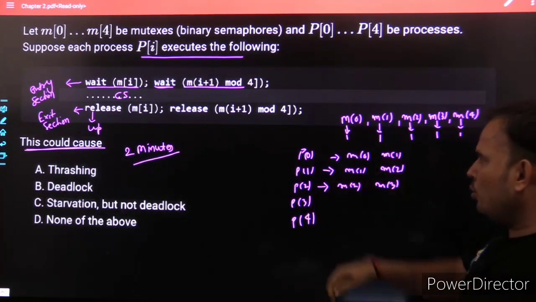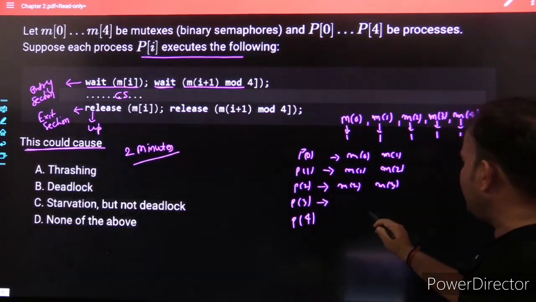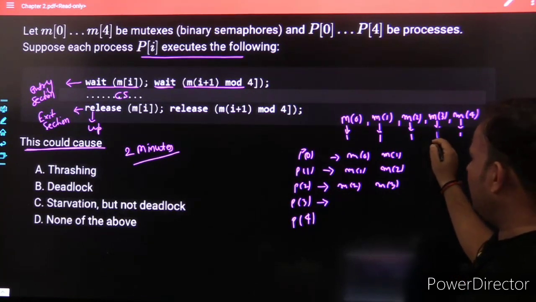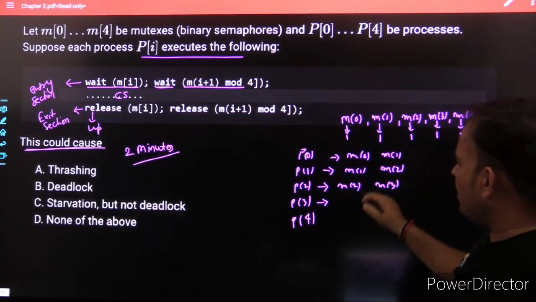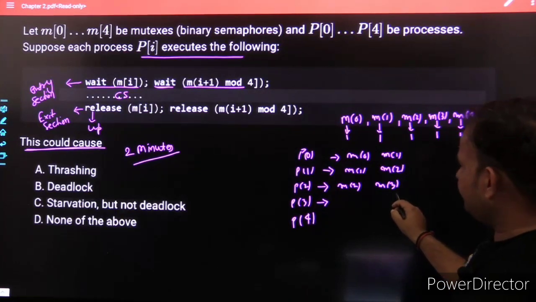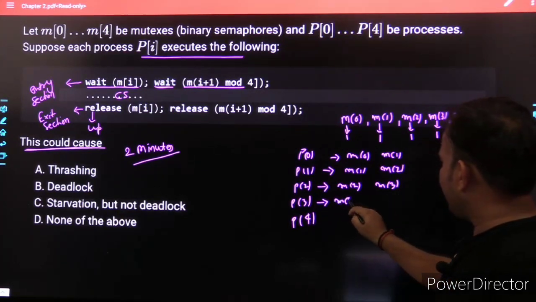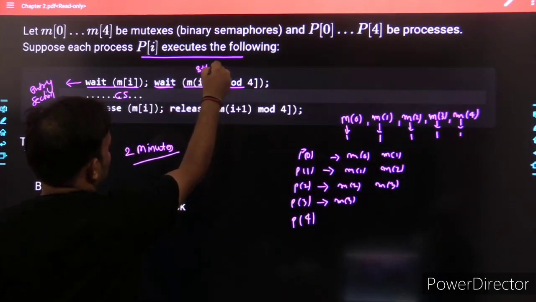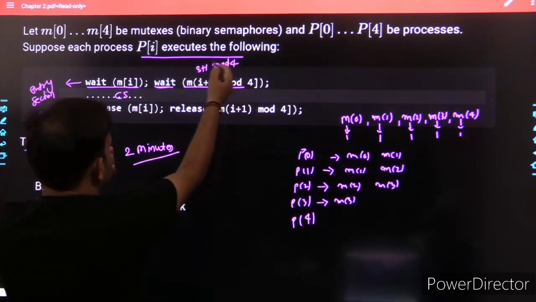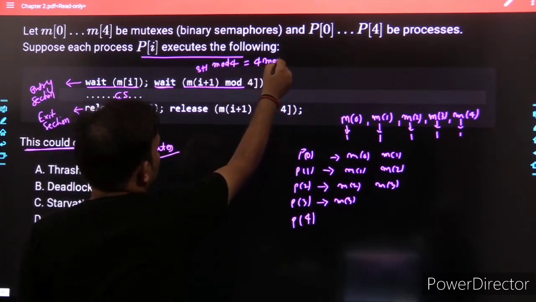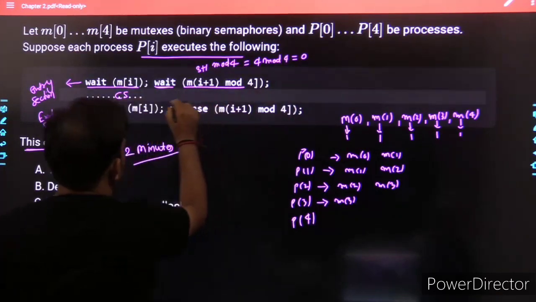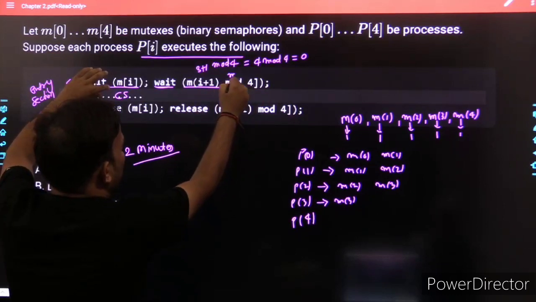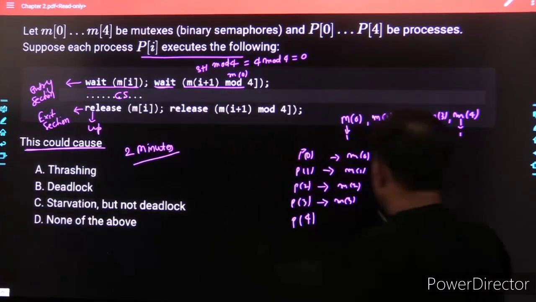P3 wants to go into the critical section, it needs to perform the down operation on M3, where i is 3, and from here 3 plus 1 mod 4. 3 plus 1 is 4, and 4 mod 4, what remainder will come? 0. So it needs to perform the down operation on M3 and M0.